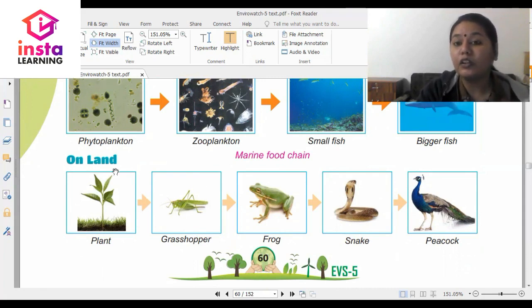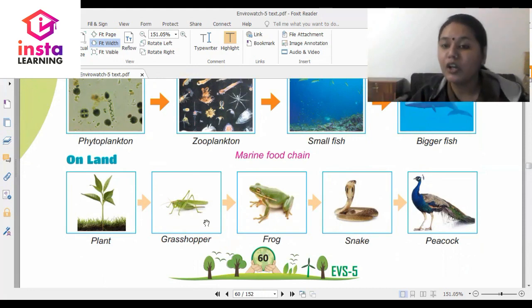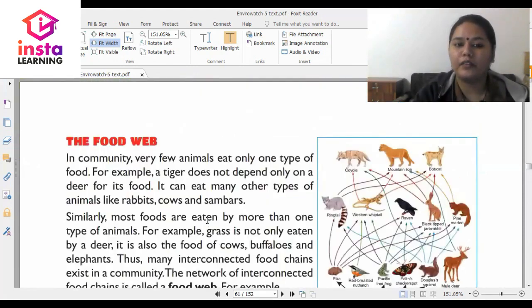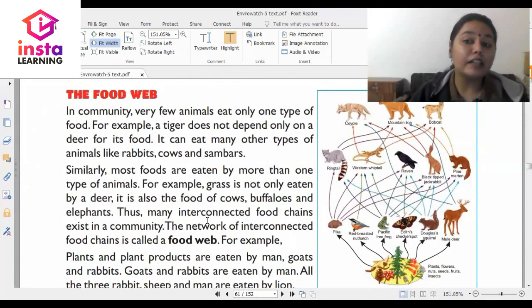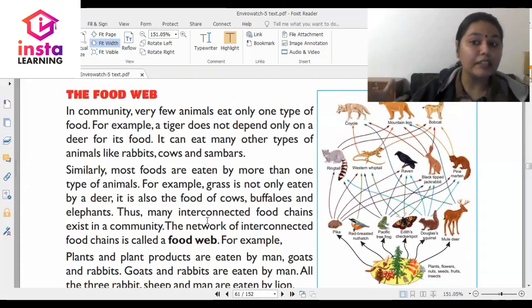It is dependent on plants only. So that is the reason we need to save the environment so that this food chain can go on, right? So in your higher classes, you will also study how a human being is at the end of the food chain. So for your survival, you need to let the other species also survive in a proper way.